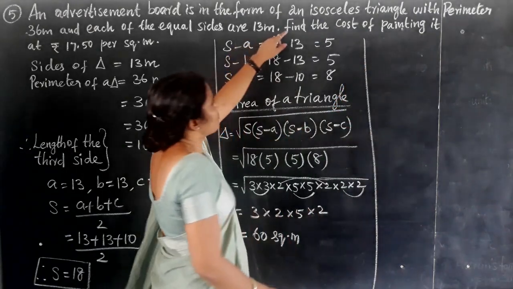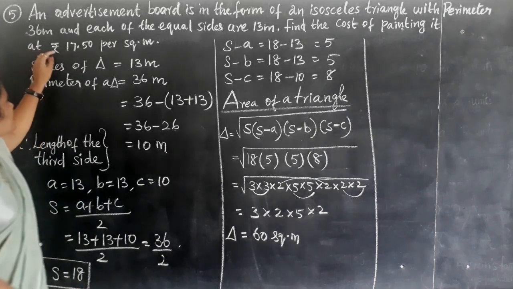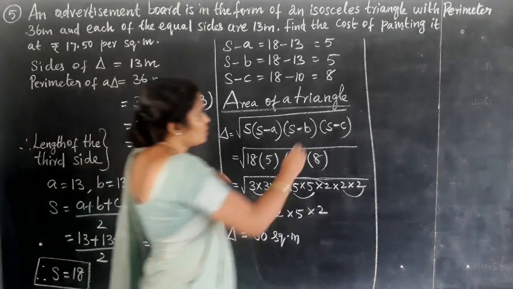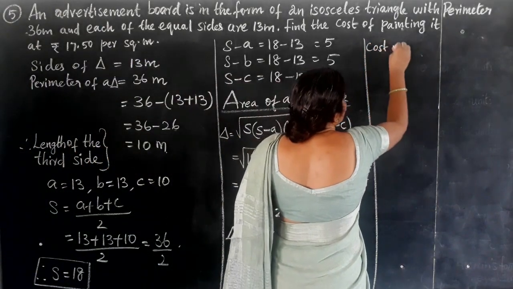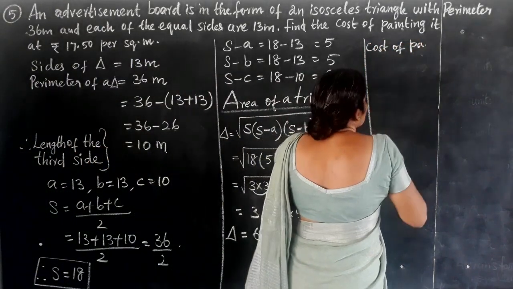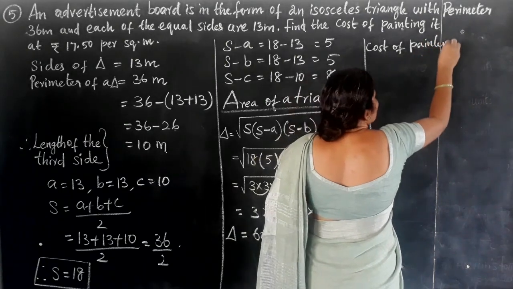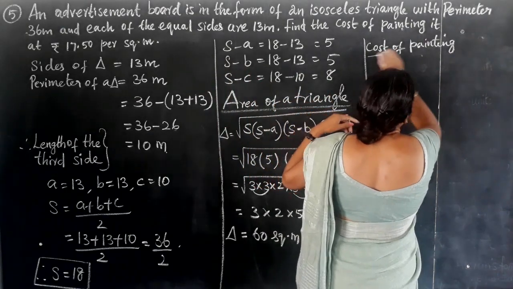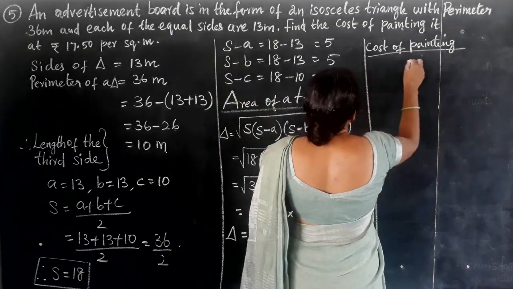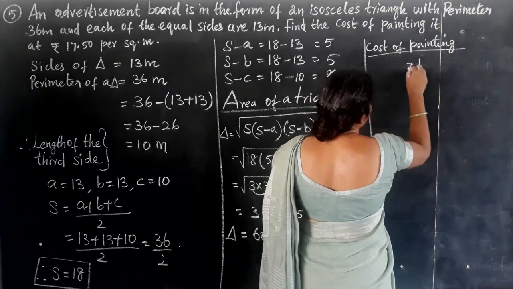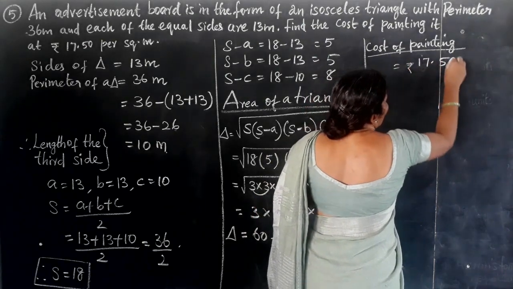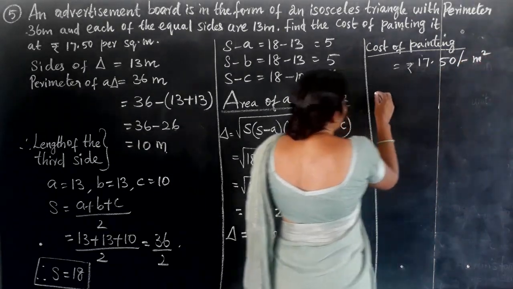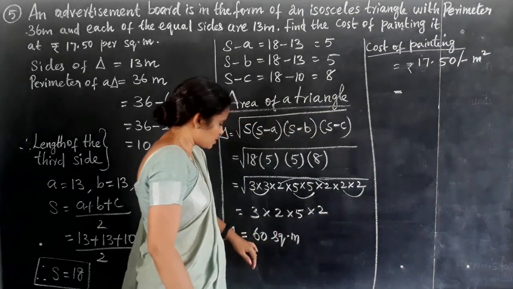And here it is given as find the cost of painting at rupees 17 rupees 50 paise per square meter. So cost of painting is equal to 17 rupees 50 paise per square meter. We have 60 square meter.